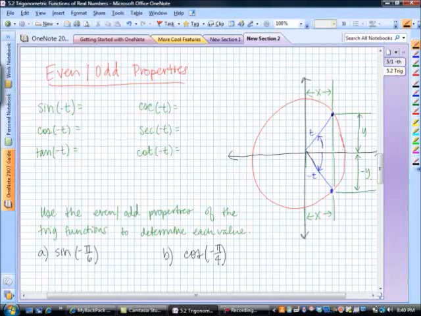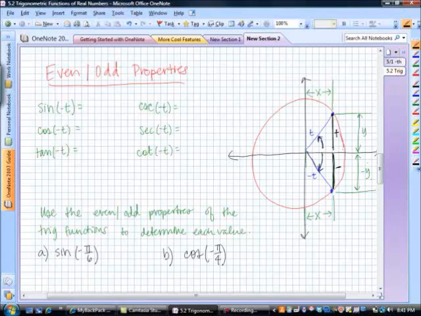And when we rotate into quadrant 4, do you see that the y value that was positive in quadrant 1 is now negative? Does everybody see that? This was the quadrant 1 y value, which was positive. Now we have the quadrant 4 y value, which is negative. It's the same amount of rotation, it's just in the negative direction as opposed to the positive direction. So, because of that, our positive y value actually becomes negative y.